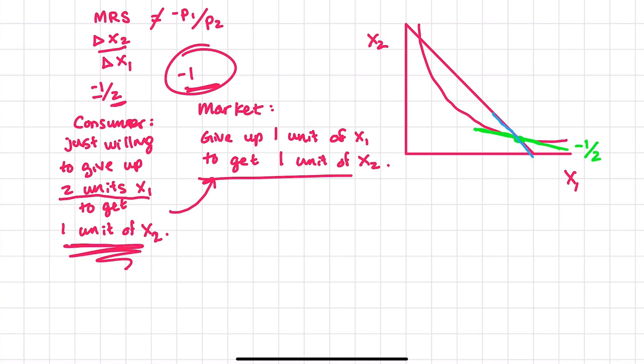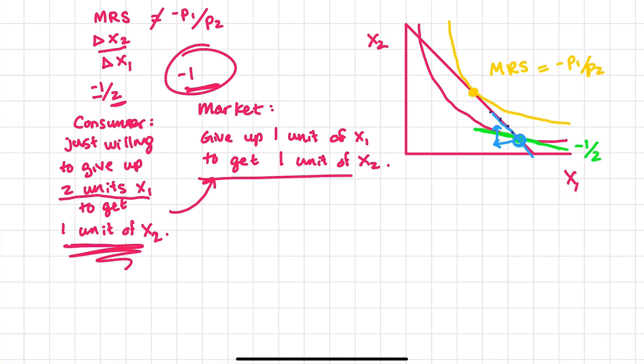And so what will the consumer do if they are at a bundle like this? They're going to give up their x1 to get more of x2. And so they're going to climb up the budget line until they're at their highest possible indifference curve, which is maybe something right like here, where the marginal rate of substitution is equal to the negative of the price ratio.